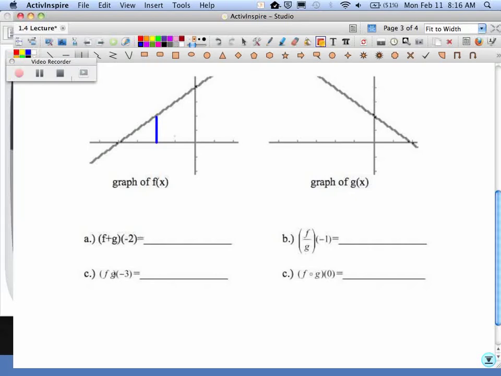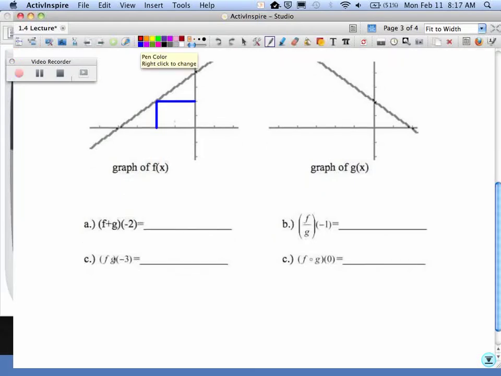You always go vertically to your function. So you take your input, which is your x value, and you either go up or down until you hit the function. In this case, I hit the function there, right? Then I bring that across to the y-axis, because the y-axis tells me what the output is. What's the output for function f? So when I did f of -2, we get 2.